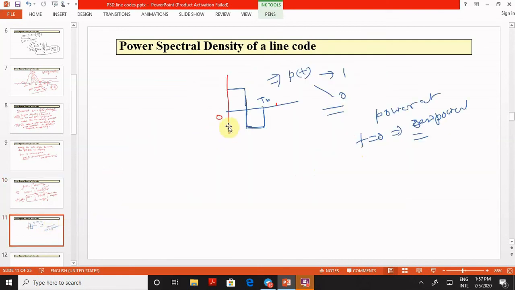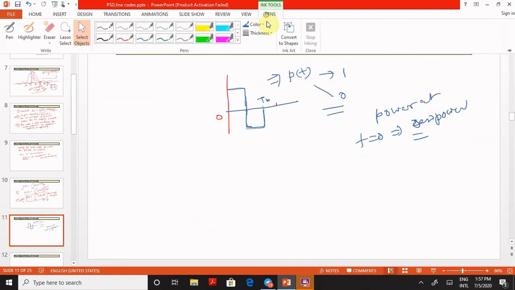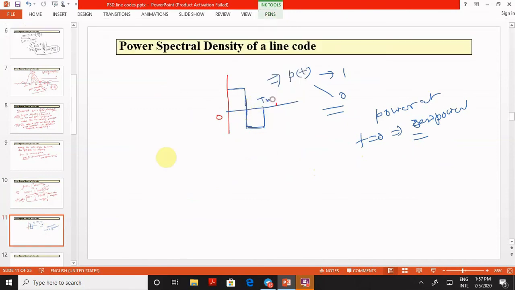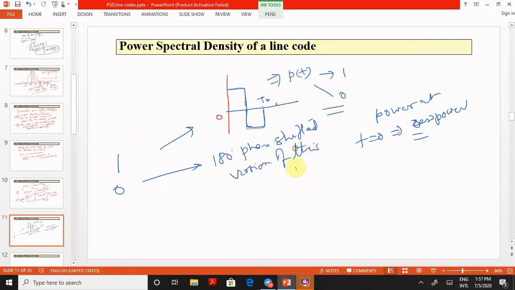This is the main concept. So it means what? It means that we can represent 1 by this pulse, and we can represent 0 by the reverse of this pulse, or 180-degree phase shifted version of this pulse, right? This is the main point.